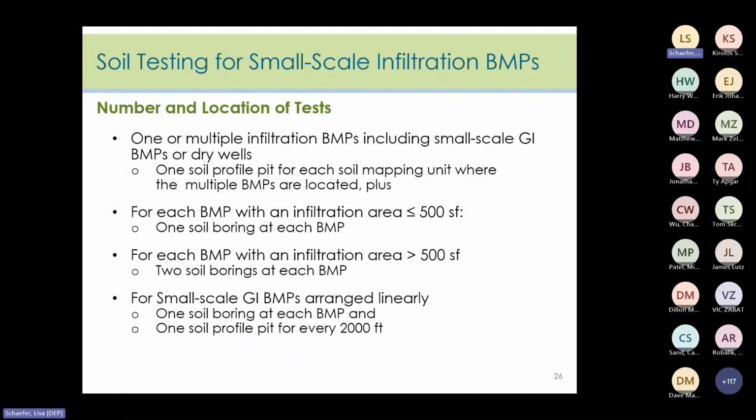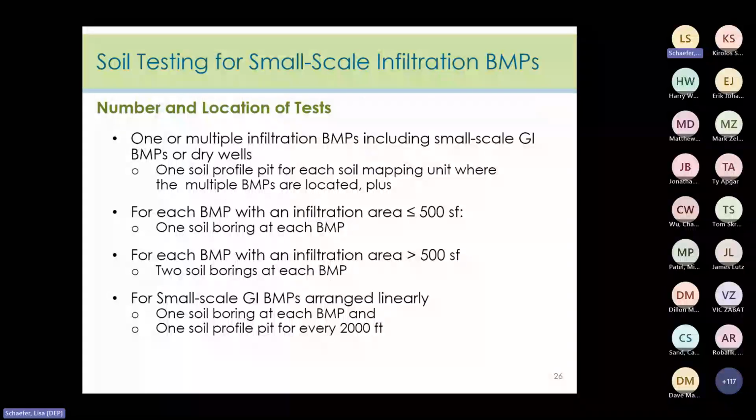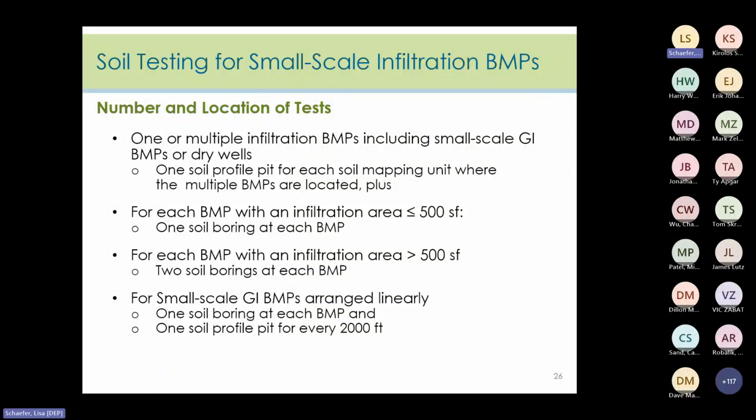For each BMP with an infiltration area greater than 500 square feet, we need 2 soil borings at each BMP. And for small scale GI BMPs that are arranged linearly, we're going to need 1 soil boring at each BMP and 1 soil profile pit for every 2,000 feet. So this information is written out on pages 15 and 16 in chapter 12 under subsection 2A.